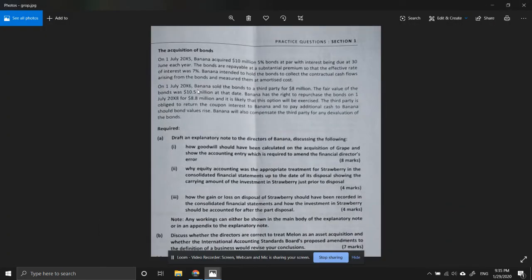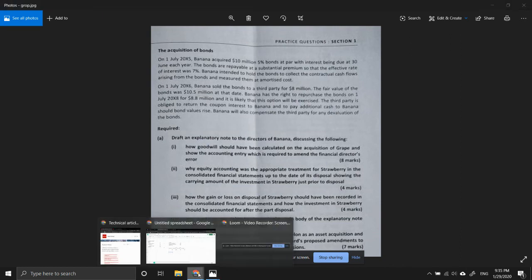Okay, so after it was sold to a third party, and then after 1 year, during this period what we will need to do is pay the third party 8 million, that will be regarded as our financial liability, okay.